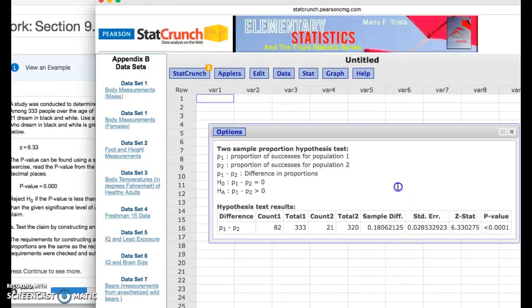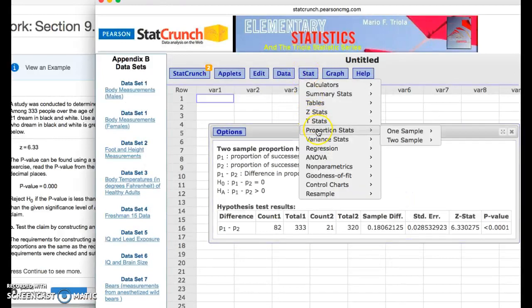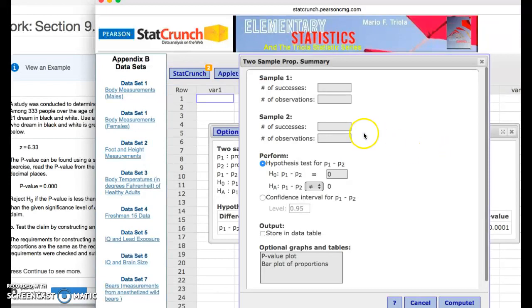All right, now test the claim constructing a confidence interval. So we go back to StatCrunch. We go to Stat, same one, Proportion, Two Sample, With Summary.